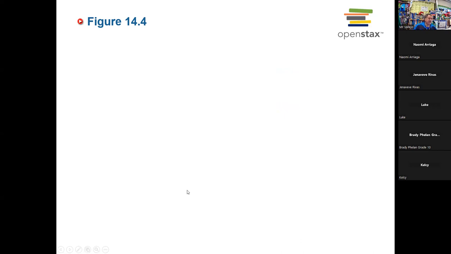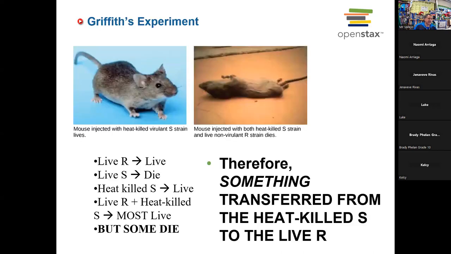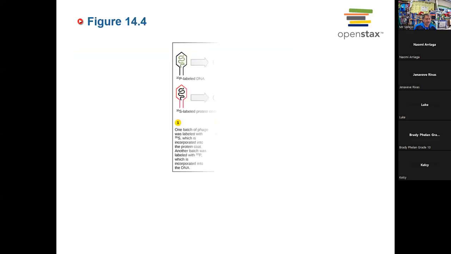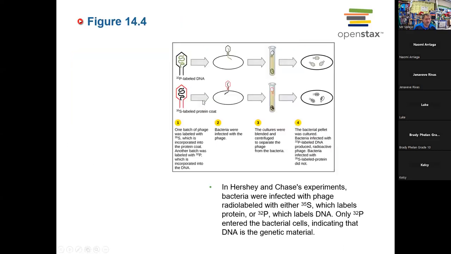So over here, we saw that there's something that's transferred from the heat-killed S to the live R, but we don't know what it is. They thought it was protein for a long time, but this experiment shows that no, it's not protein. The radioactive protein doesn't go through, but the radioactive DNA actually continues onward into the next generation.